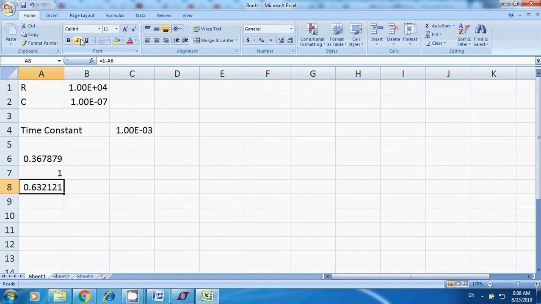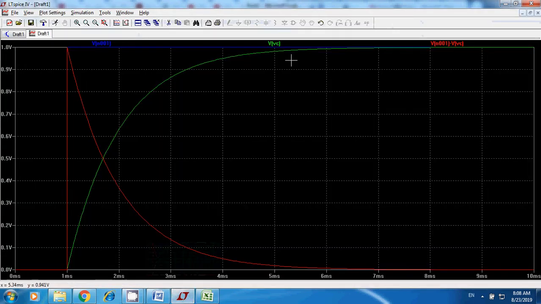So you have a time constant of 1 millisecond. You just go to the plot when the voltage reaches about 0.63. I probably did something wrong just at this point. 0.62, well, I got 2 milliseconds.